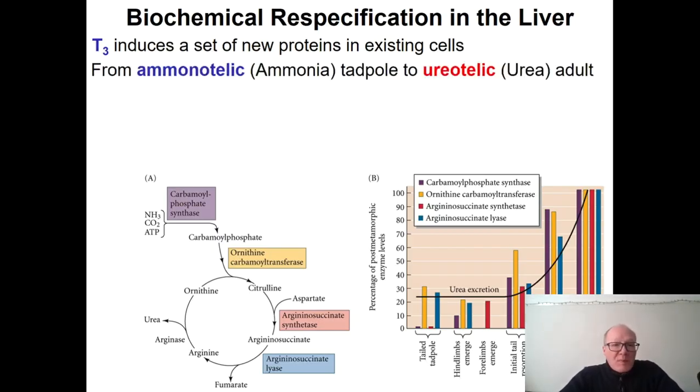Now, the tadpole produces ammonia in the urine, so it is ammonotelic. Ammonia is a molecule that is very toxic for cells, for biological organs.